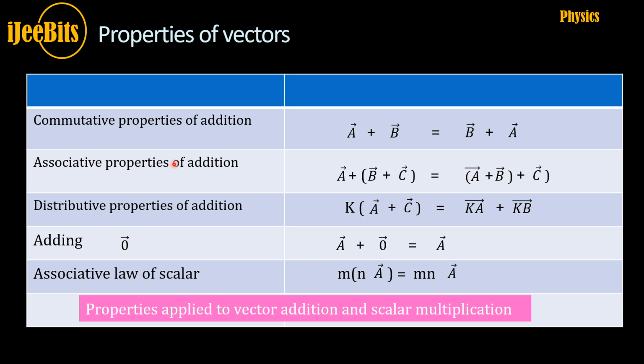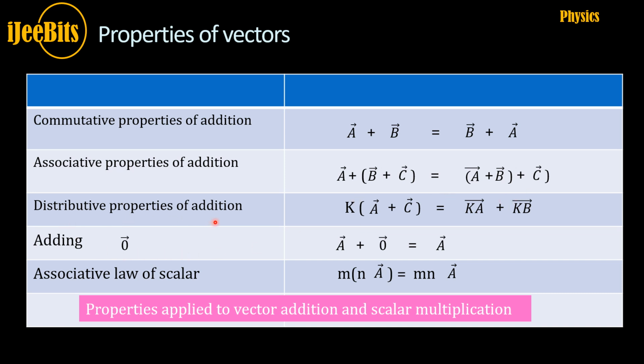Properties of vectors. We have the commutative property of addition, A plus B equal to B plus A. Associative property of addition, (A plus B) plus C equal to A plus (B plus C).